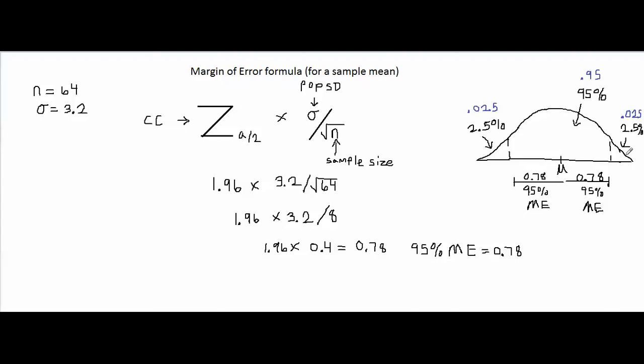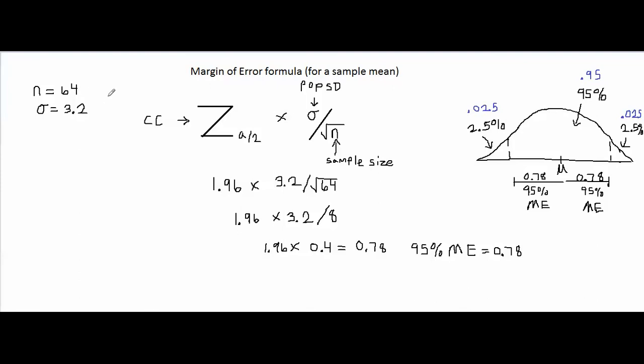There's one more thing that I wanted to mention. I wanted us to think about what would hypothetically happen if I didn't just select one sample of 64 people, but I kept on repeating my study over and over again.